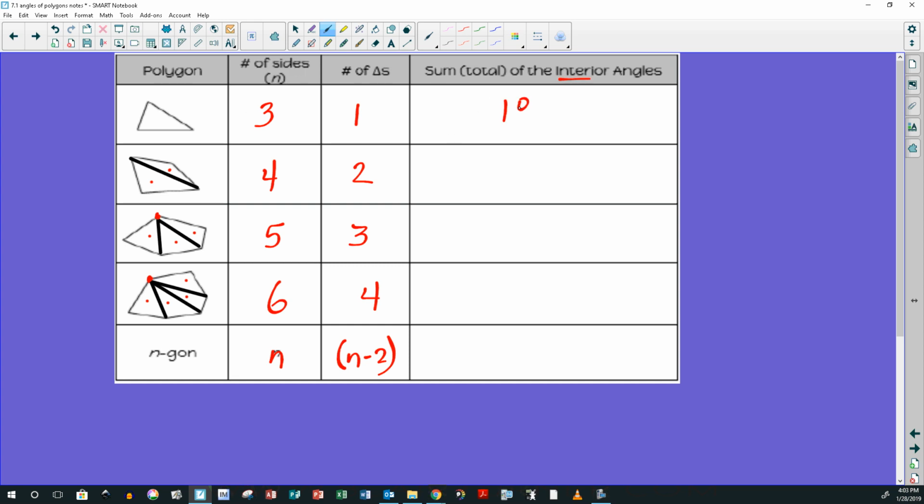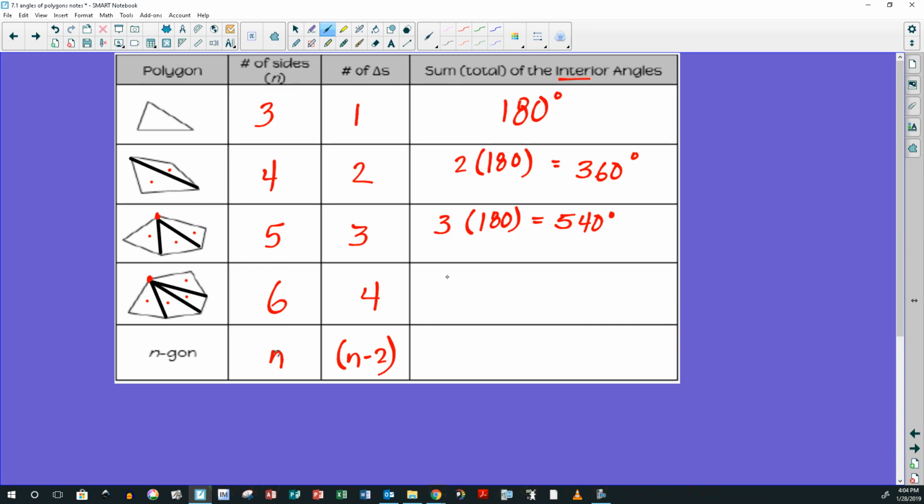So now the sum, or your total of your interior angles. Well, if I have a triangle, we all know there's 180 degrees inside of a triangle. Here, if I have 2 triangles, and each triangle has 180 degrees, then that's 360 degrees. Here, there's 3 triangles, so that's 540 degrees.